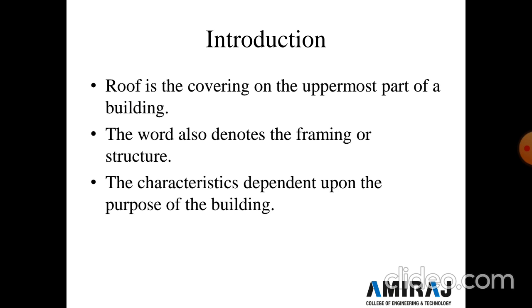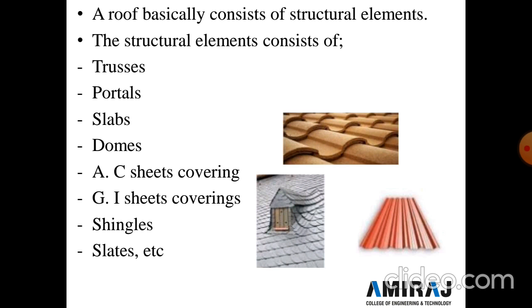As per the construction of the building, the roof is constructed. Now the roof basically consists of a structural element provided at the top of the building for the support of a roof covering.